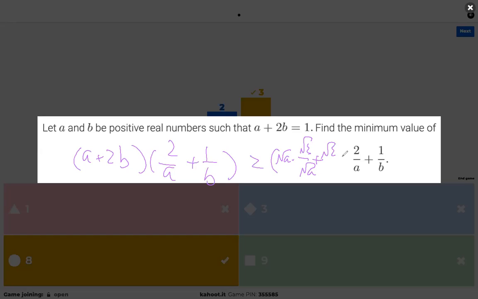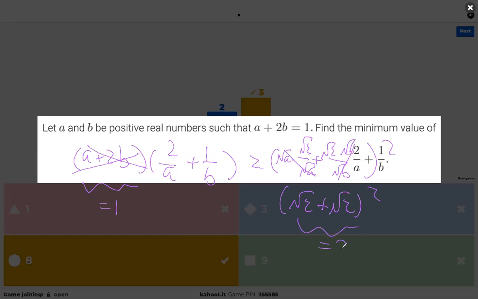times root B over root B, squared. So that means, first off, this equals 1, so we cancel it out. This side is root 2 plus root 2 squared, which is equal to 8.